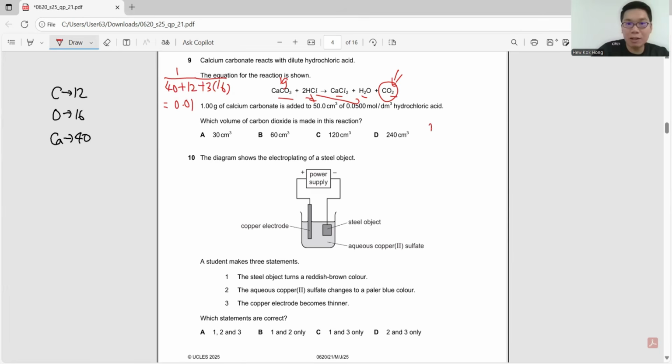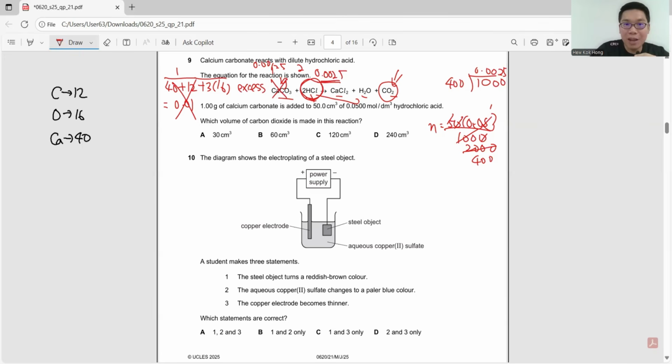For HCl it is 0.0025. So we can confirm this is the limiting factor because we have a lesser number of moles of HCl. So we cannot use this 0.1 mole as reference because this is in excess. Because the ratio of it is 1 to 2. So if this is 2, this would be 0.00125 only.